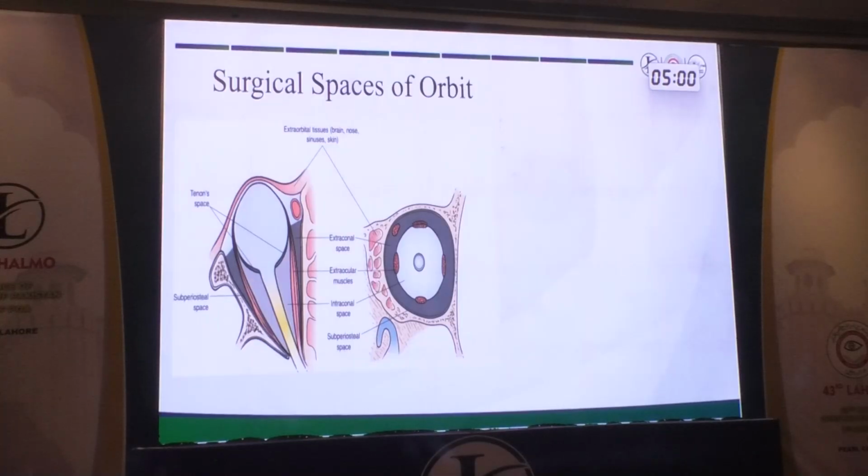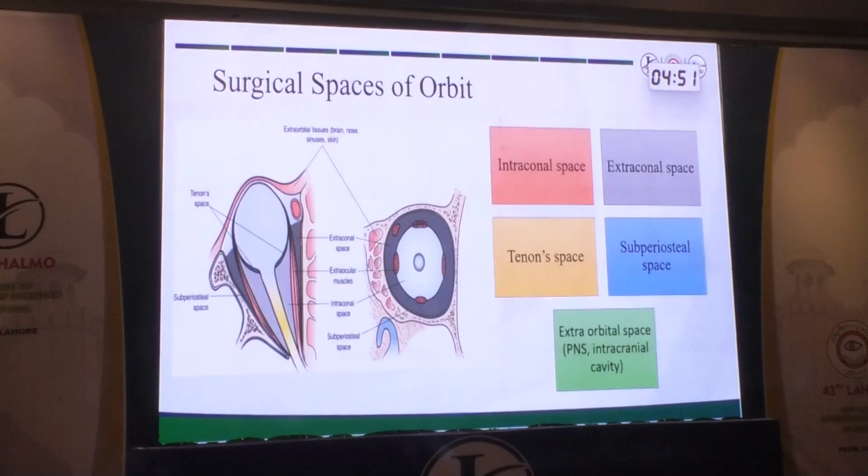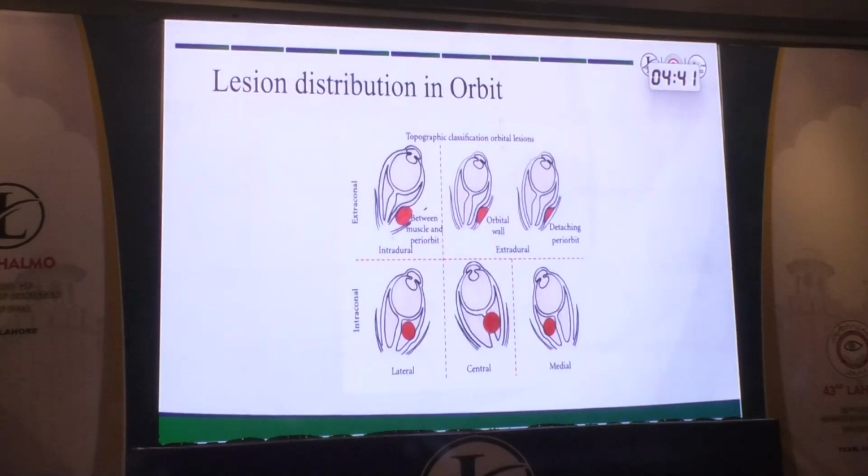And the fourth one is the extraorbital spaces: cranial spaces, nasopharynx and paranasal sinuses. So intraconal, extraconal, subtenon space, subperiosteal space and extraorbital spaces which include paranasal sinuses and intracranial cavity. So this is just about the spaces.